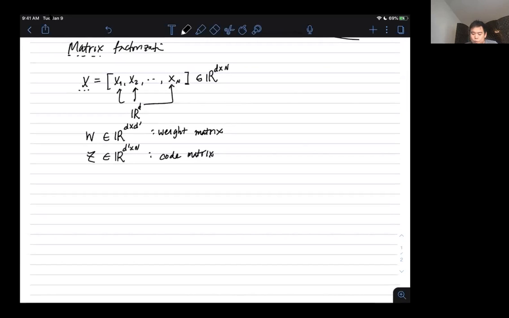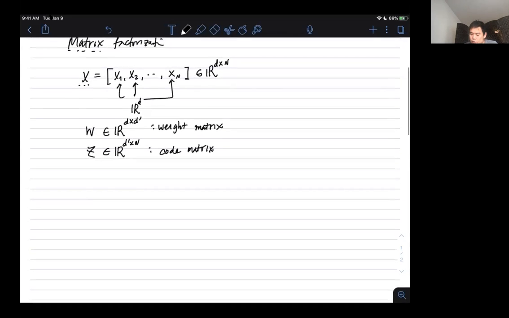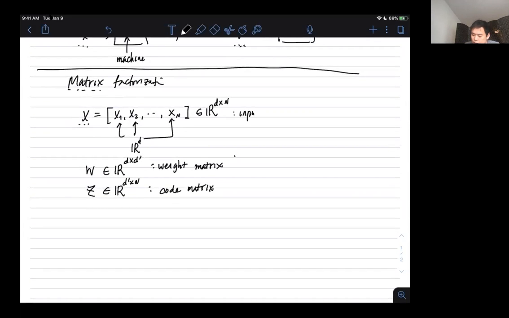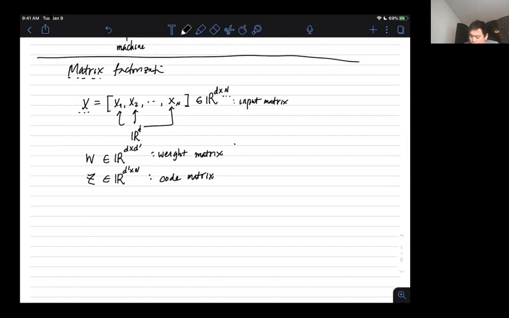Let's think about this code matrix first. What does this code matrix look like? This code matrix actually looks very much like the input matrix X. We have the same number of columns: n many columns in Z as well as in the input matrix.